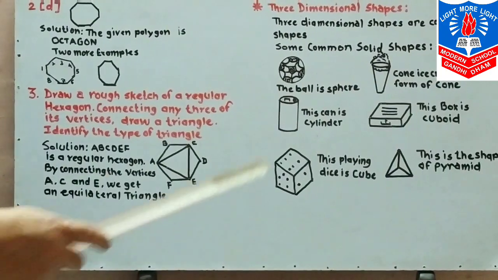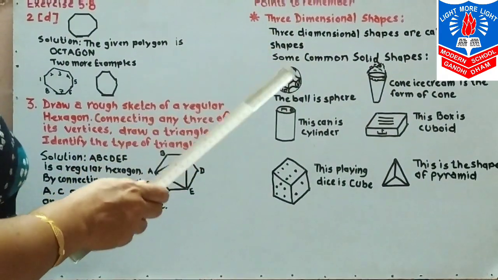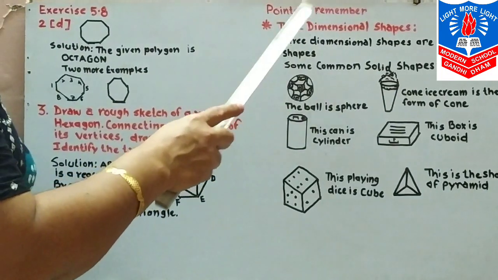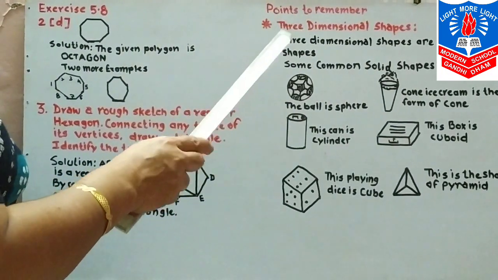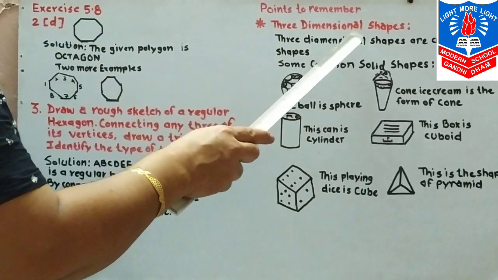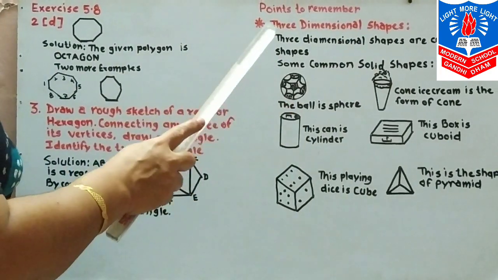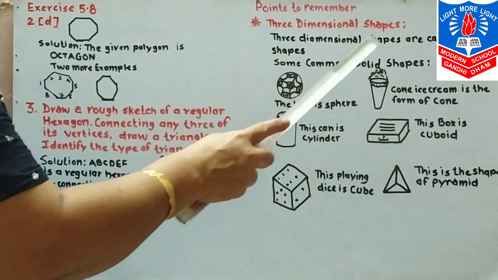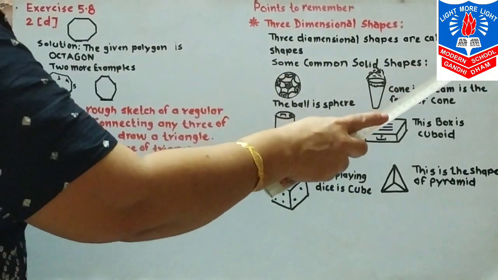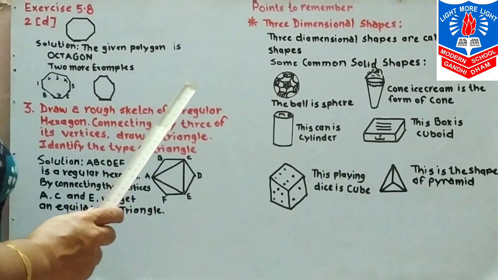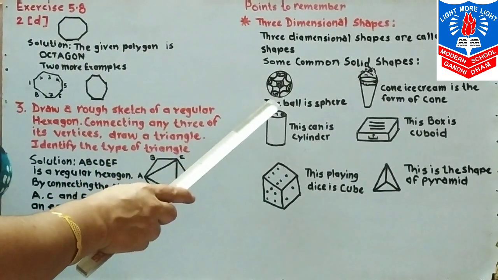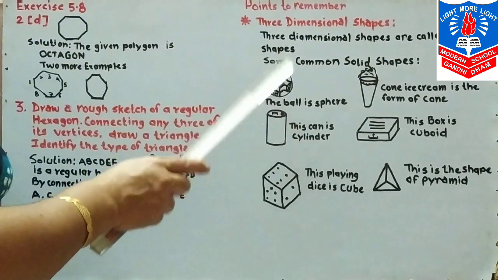Before I start exercise 5.9, first we remember some important points. Here are 3-dimensional shapes. 3-dimensional shapes are called solid shapes. Here the first shape is given. This is a ball.